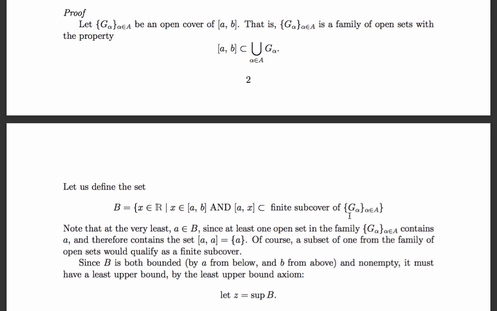Well, so it's a finite subfamily because it's a subfamily of 1. Now, B is bounded because every entry is greater than or equal to a and less than or equal to b. So B is bounded, and it's also non-empty, which means it has a least upper bound by the least upper bound axiom. So let z be the least upper bound of B, otherwise known as the supremum.